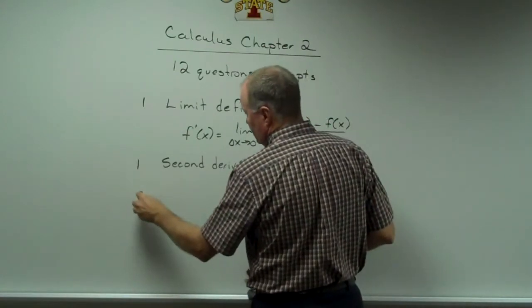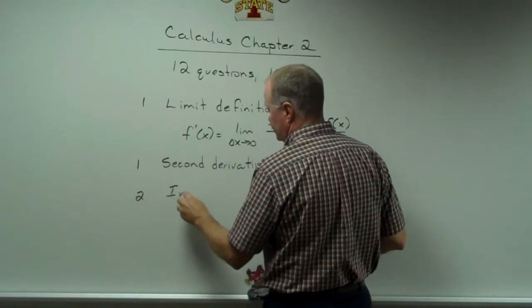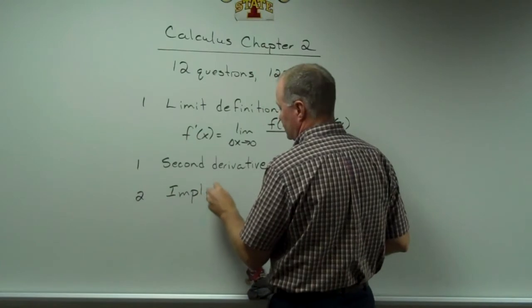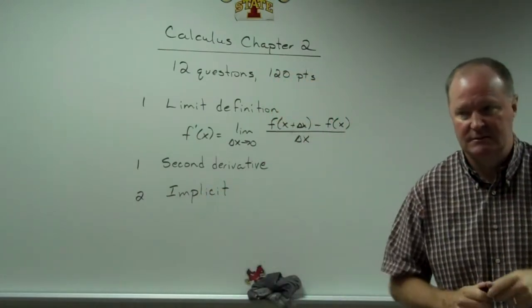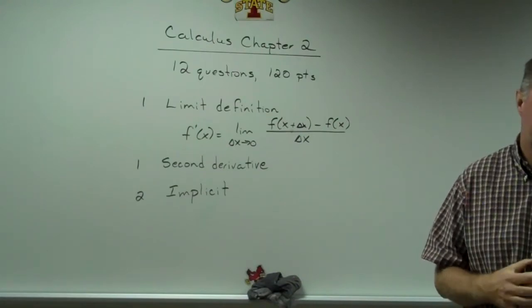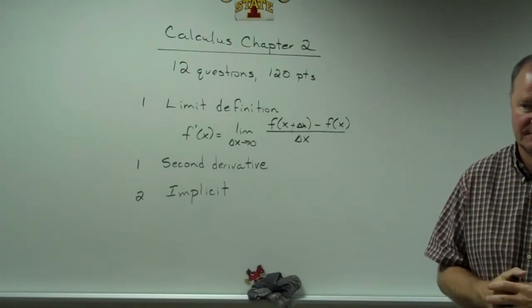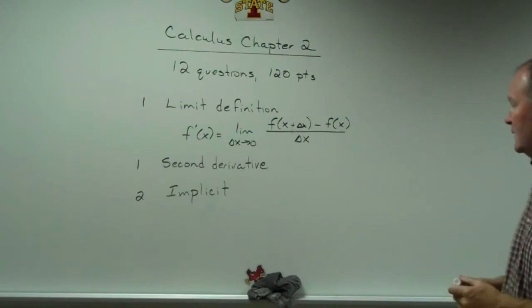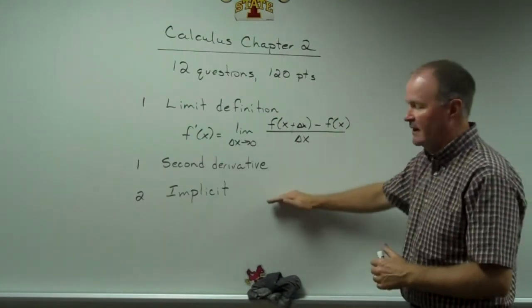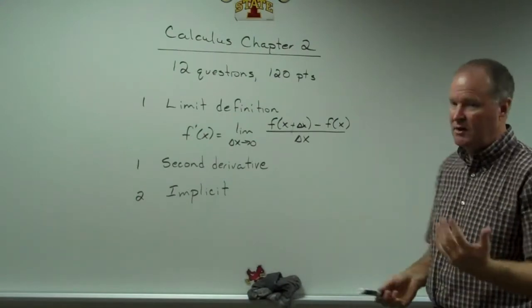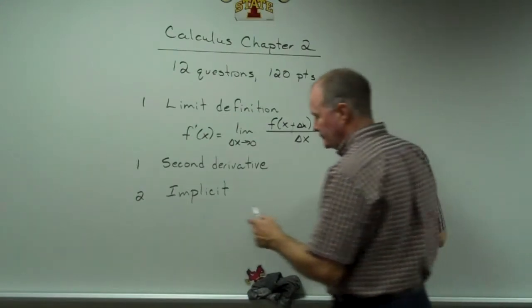And there are 2 implicit. I'll tell you when you have to use the implicit differentiation. I'll tell you about the implicit. Amongst all of these, the rest that are there, these 11 that are left, all the different techniques you got.